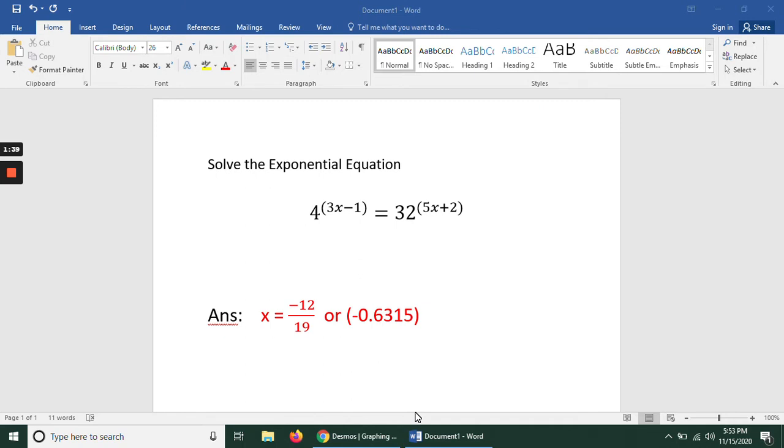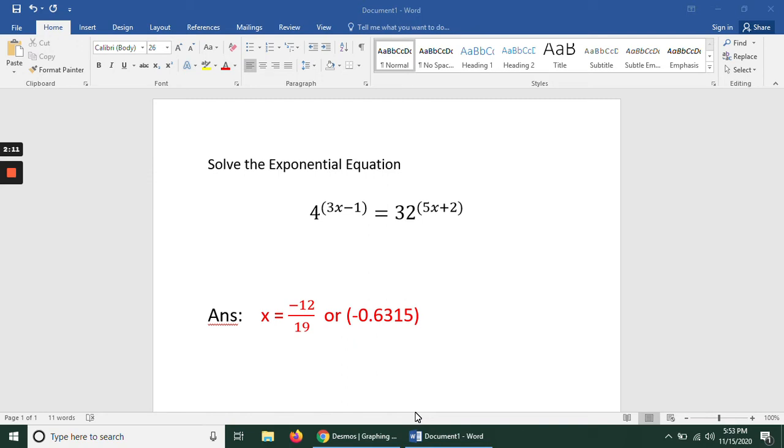So 4 has an exponent that contains an x, 32 has an exponent that contains a variable, which is x. So an exponential equation is an equation where you have a variable present as an exponent or a part of an exponent.